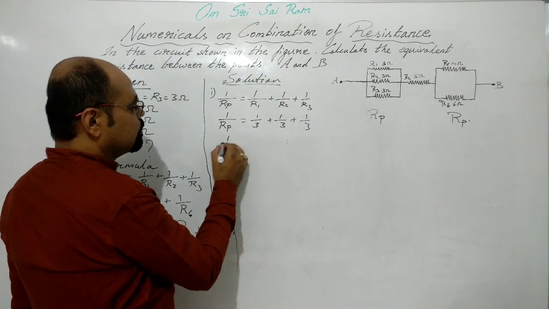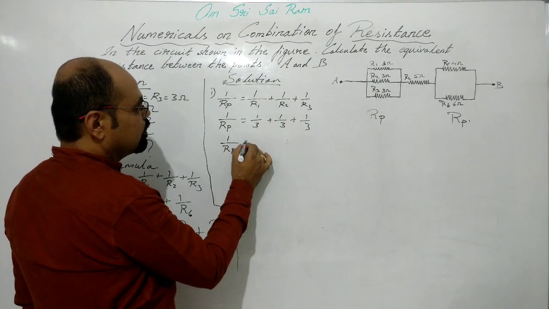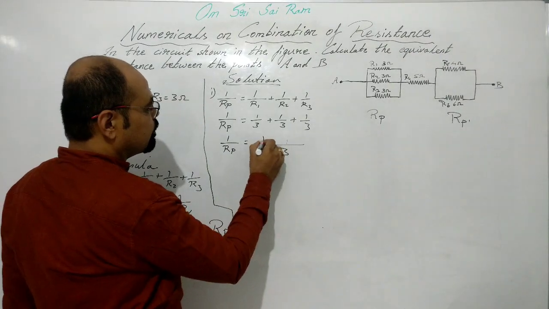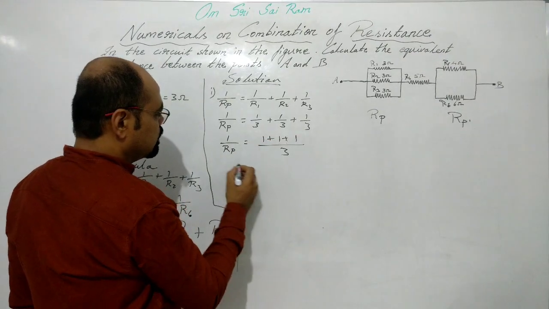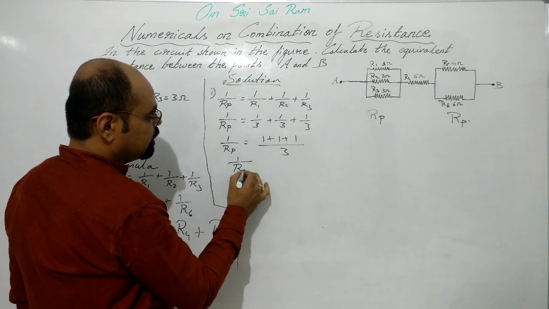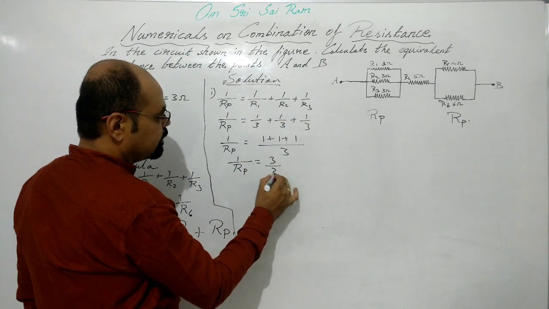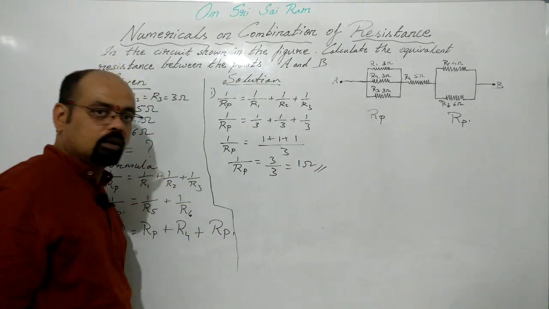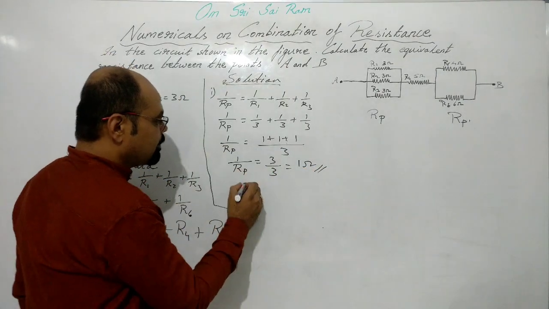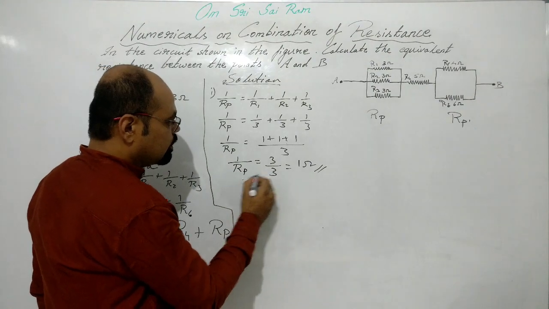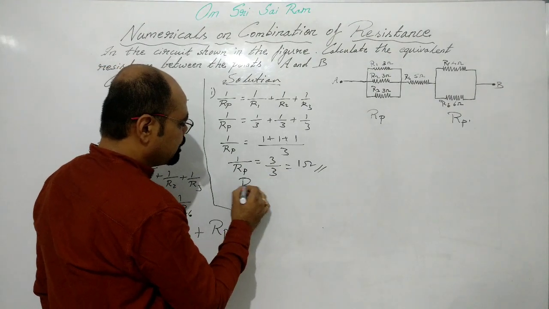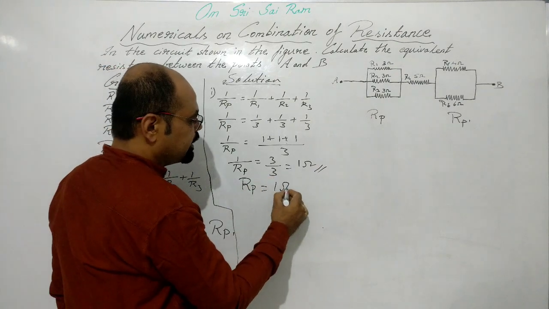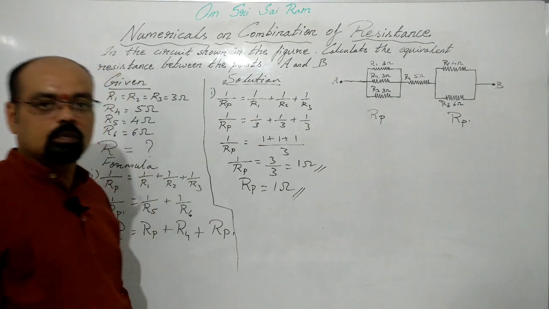Taking the LCM, which is 3, we get 1 plus 1 plus 1. We got 1 by Rp is equal to 3 by 3, that is equal to 1. So 1 by Rp is equal to 1 by 1, and the reciprocal will also be 1, so Rp is 1 ohm.